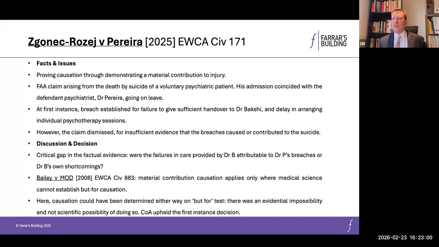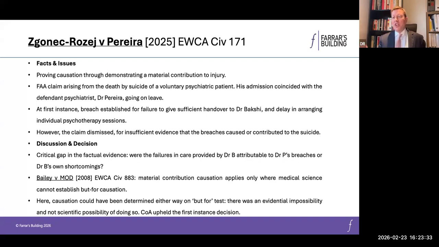So the trial judge wasn't in a position to determine whether failures in the care provided by Dr. Bakshi were attributable to Dr. Pereira's breach in respect of the insufficient handover, or whether they were attributable to Dr. Bakshi's own independent shortcomings. And that evidential gap made it impossible to establish that causal link between Dr. Pereira's inadequate handover and subsequent harm.